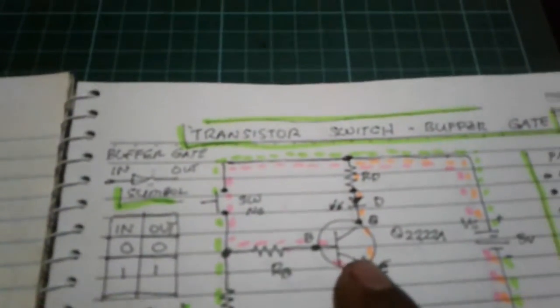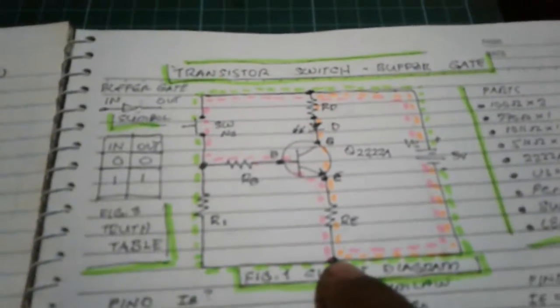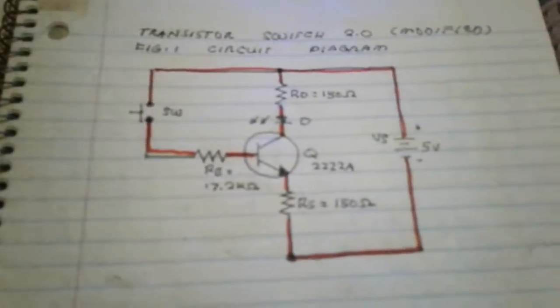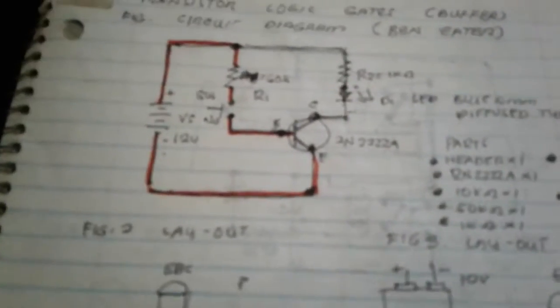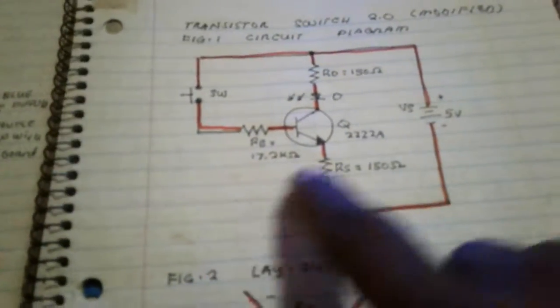We call this transistor switch buffer gate. So this one is the modification of these two old circuits. It has no resistor here, also here. No resistor here, but there's a resistor here. And it seems it is stable.